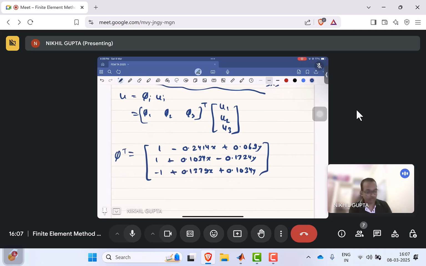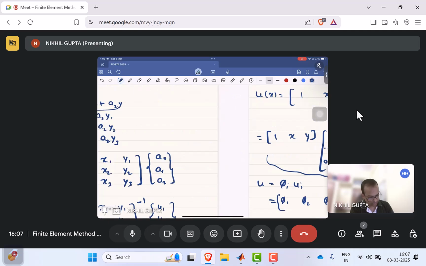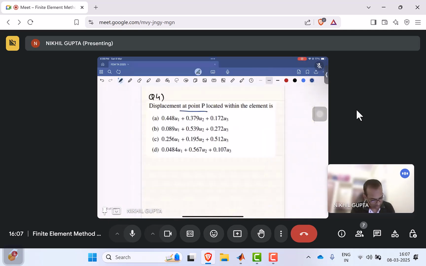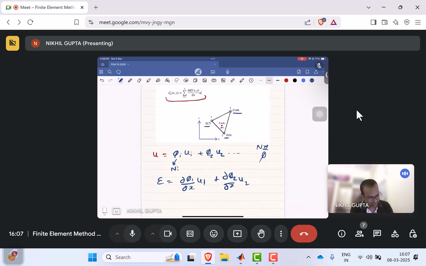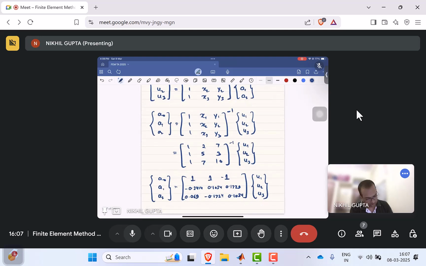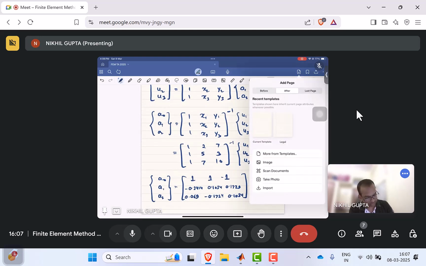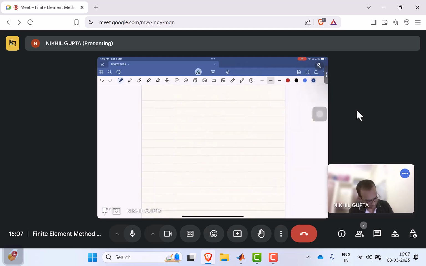Now what you have to get in the question is to calculate the displacement of point P. The point is given as 4, 6.